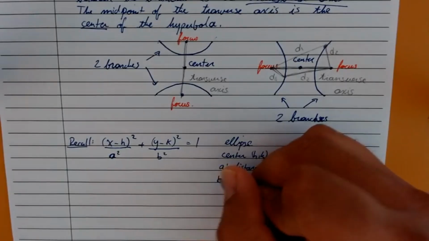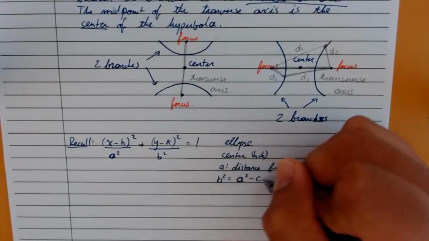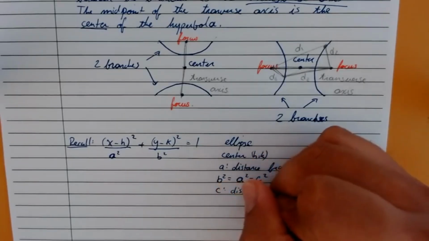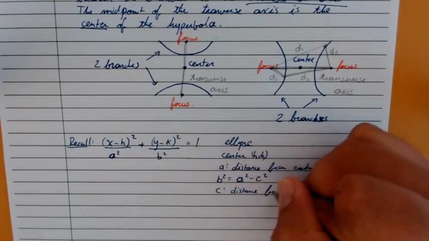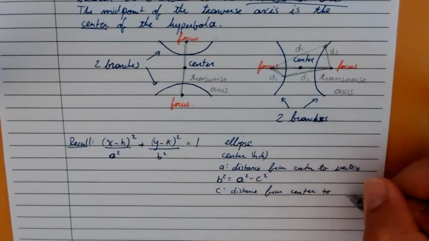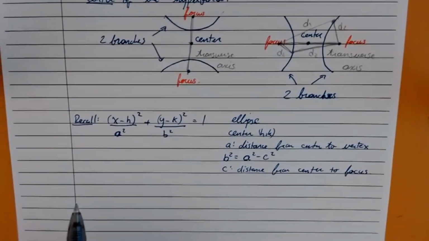Where b squared was equal to a squared minus c squared, and where c was the distance from the center to a focus. Either one, since everything is symmetric around the center.